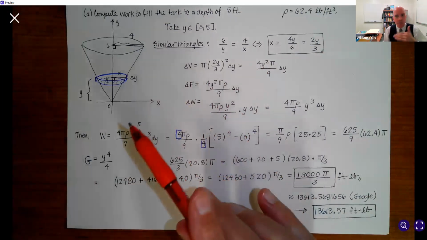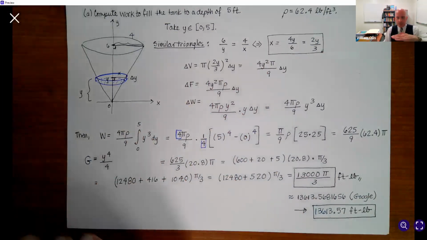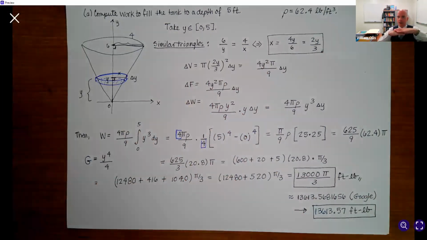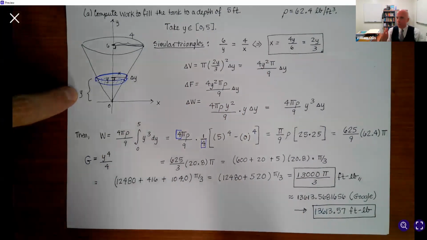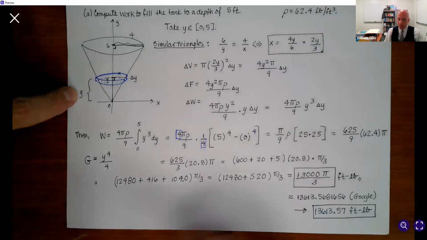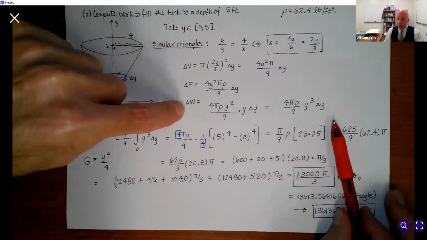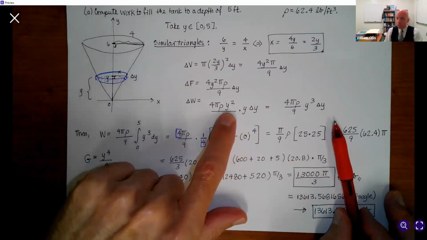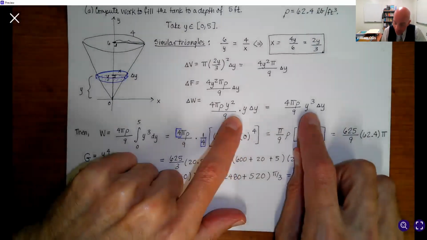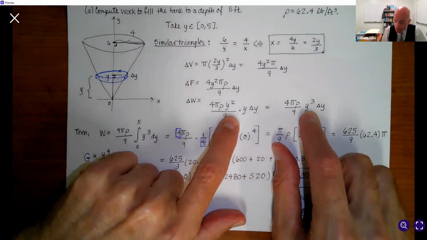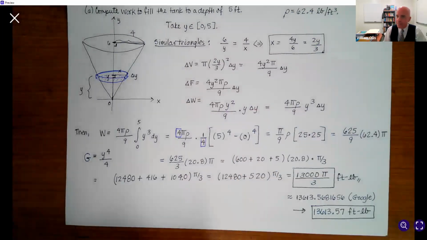This is different from the last problem in that we're filling the tank from the bottom, and the distance it's moving is actually just y. No fancy algebra required. So we simply multiply the delta F by the y. We just have an additional copy of y. So now, instead of a y squared, we have a y cubed, and everything else is exactly the same.